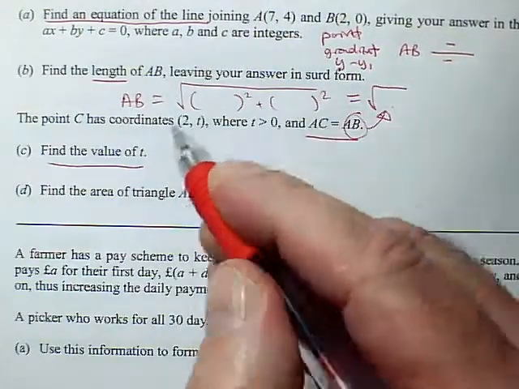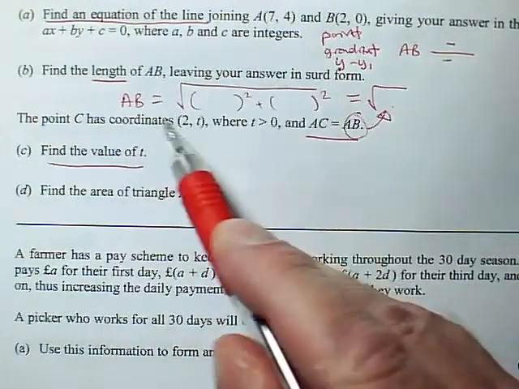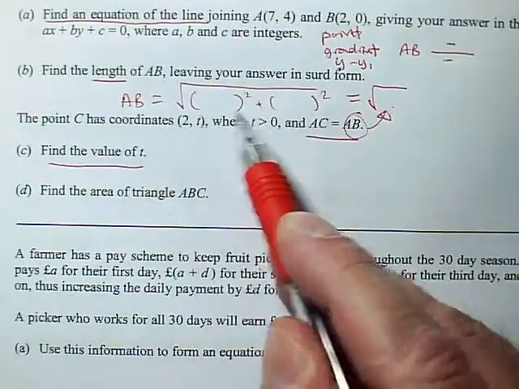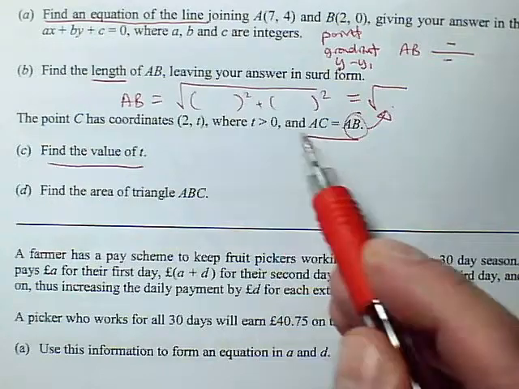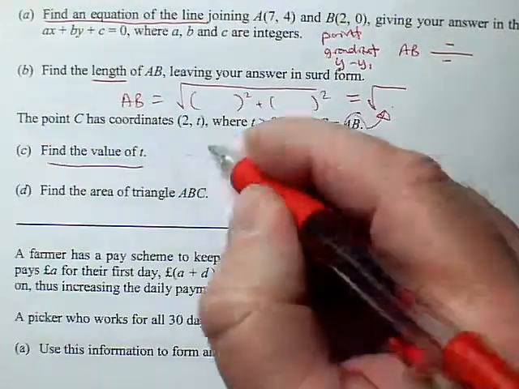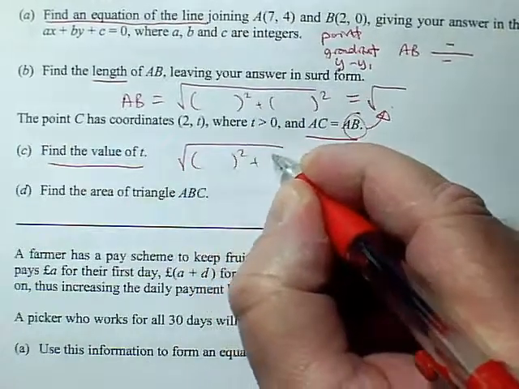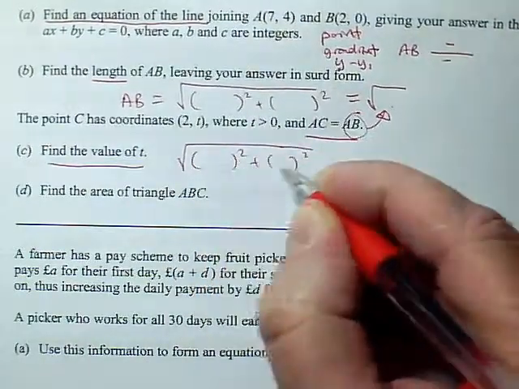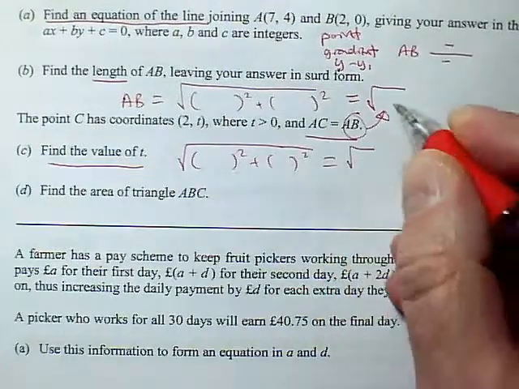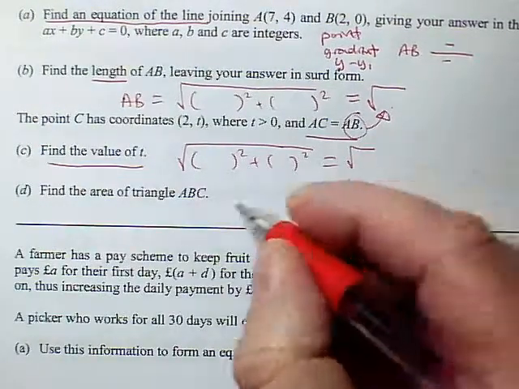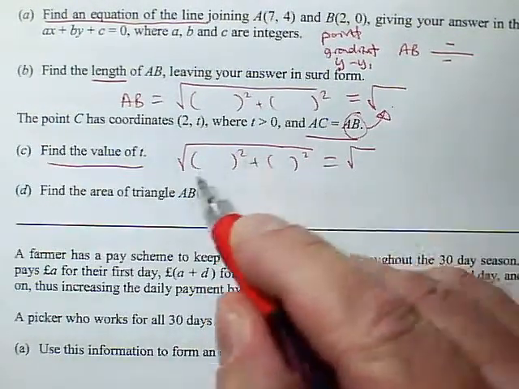So I'm going to get something like this, except this time it's going to have t's in one of the brackets, equaling the square root I got before. So I'm going to have a square root of 2 squared brackets, t in one of these, equals the square root answer that I got before, and the first thing to do with this is to square both sides.